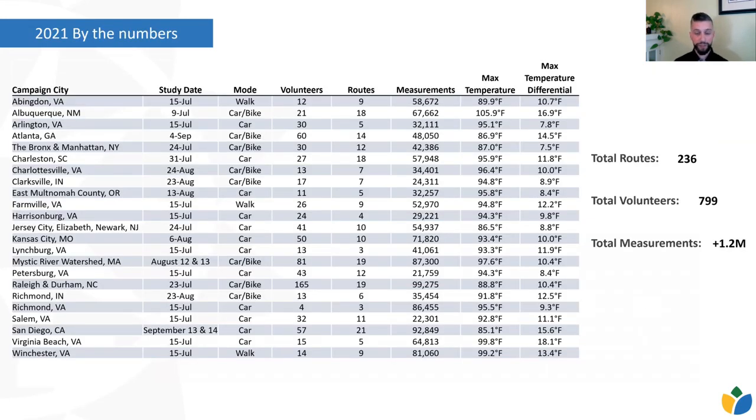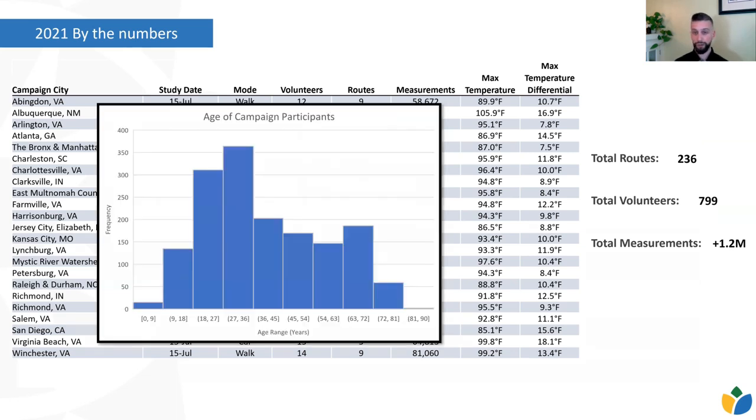And on that note, in 2021, we had an astonishing number of volunteers, almost 800 folks going out and collecting data, over 1.2 million measurements collected on 236 car, walking, and biking routes, and had quite a range in terms of participants by age: youth, people earlier in their careers, retired folks, just a wonderful spectrum as we showed earlier. It's great to see so many different people get engaged.